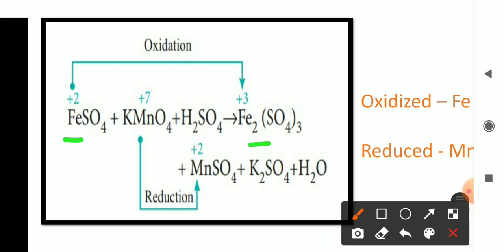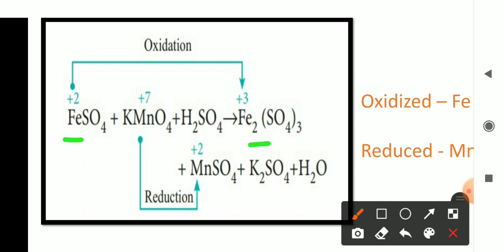So from this observation, what we can conclude is the ion has increased its charge from +2 to +3. And we know that whenever an increase in charge or oxidation number is seen, we can say that that species has undergone oxidation. So Fe2+ is oxidized to Fe3+. Okay, so we have identified the oxidized species.